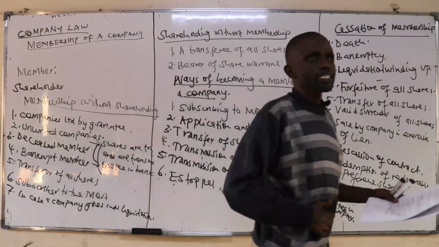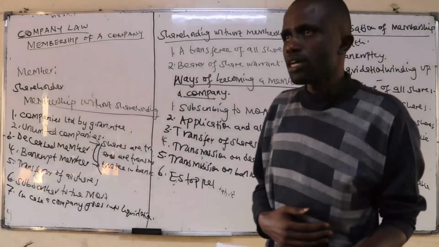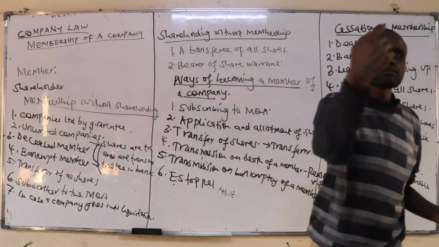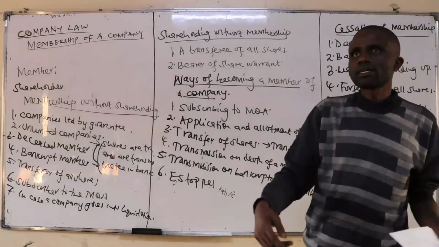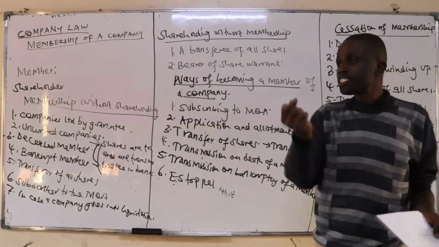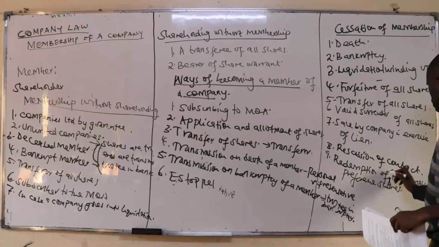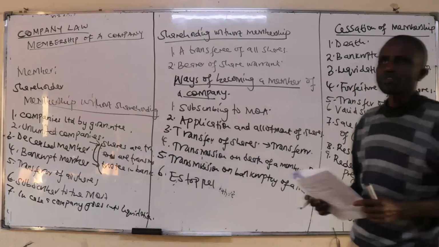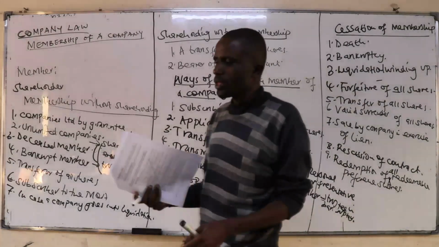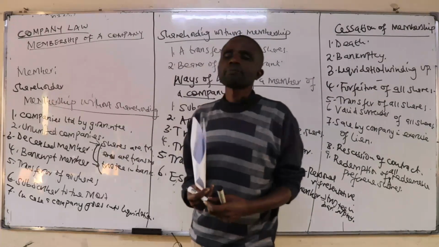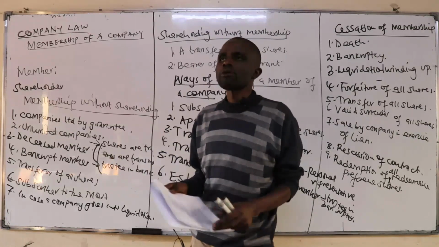The company which had allotted you shares buys back its shares. It should be redemption of all redeemable shares, because if it redeems only a part of them, then you are still a member. Redemption of all redeemable preference shares.